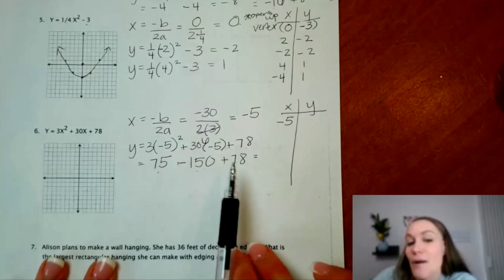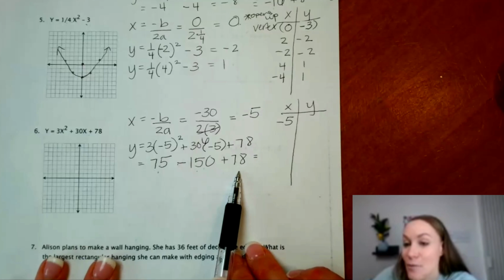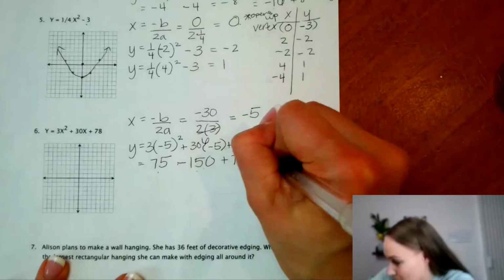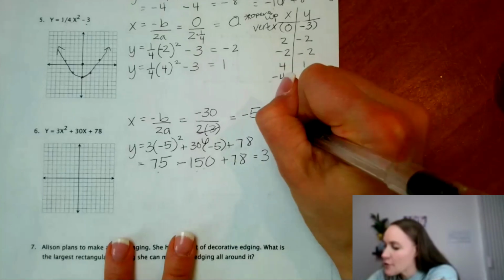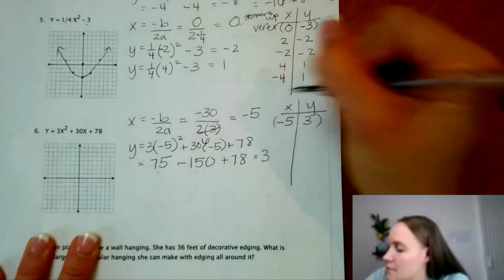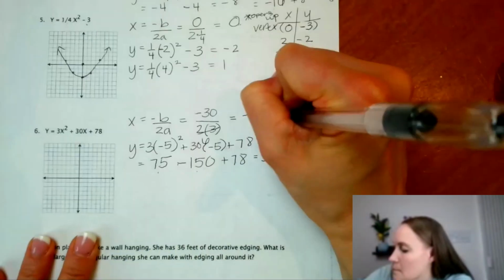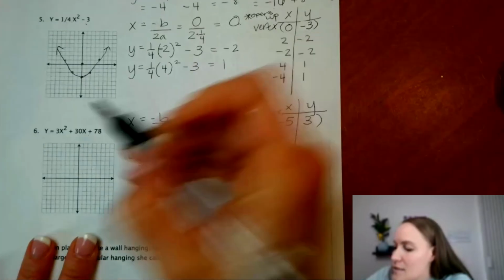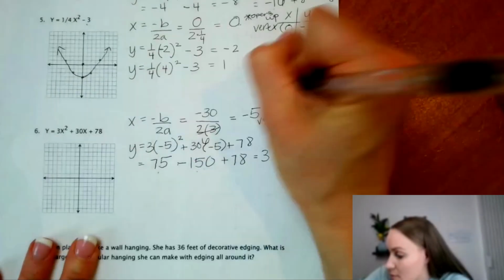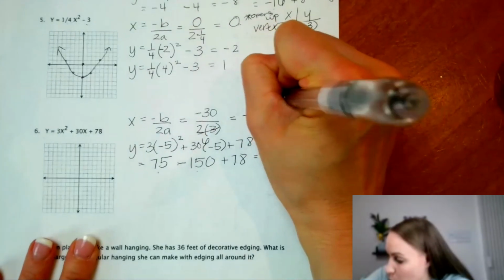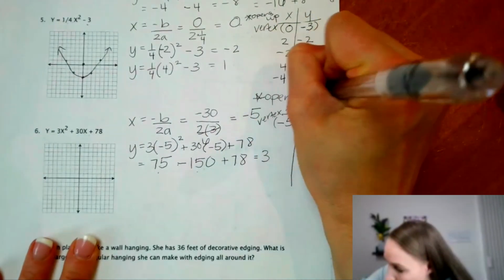Negative 75 plus 78 is positive 3. So my vertex is going to be -5, comma 3. And I have a positive value up here, so it's going to open up. So let's write myself a note that it opens up.